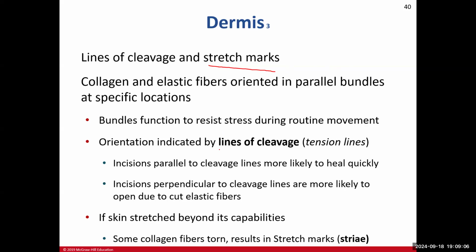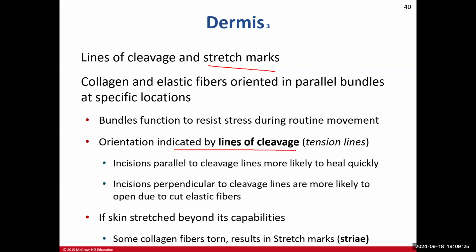The lines of cleavage. This essentially allows us to know where the tension is, but it's really helpful for our plastic surgeons when they need to make an incision if they want to minimize scar tissue formation.